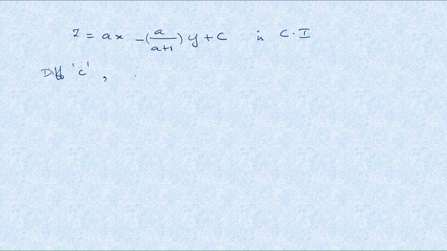So left side there is no c, so that gives you 0, and in the right side, first term doesn't contain c, second term doesn't contain c, only in the third term we are having c. Differentiating that, it will give you 1. But this is an absurd result, which means that there exists no singular integral. So we can conclude that there exists no singular integral.